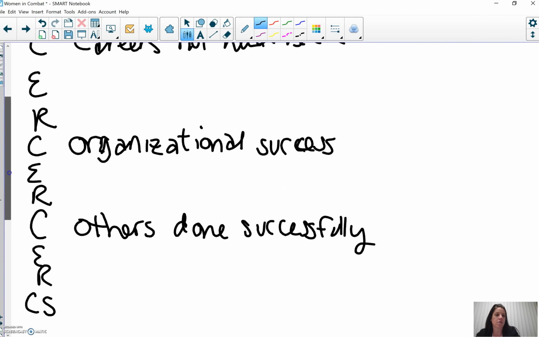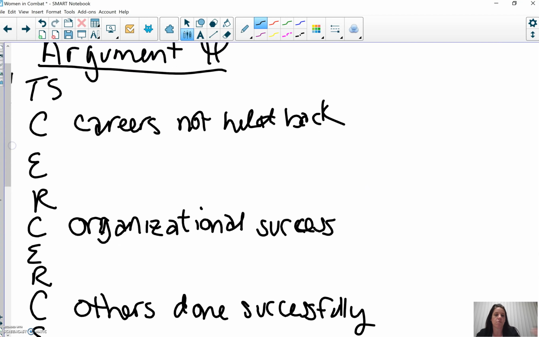Now, these all are reasons why it would be beneficial for the military to let women into combat roles. So I'm going to take that idea, and in my topic sentence, you're just letting the readers know what this paragraph is about, and this paragraph is about the reasons why it's beneficial for the military to let women be in combat roles. So I'm going to essentially say that.